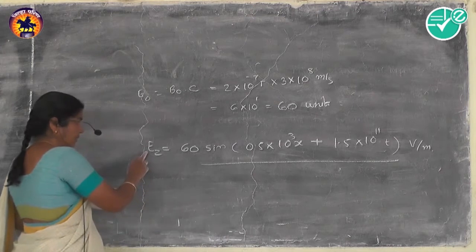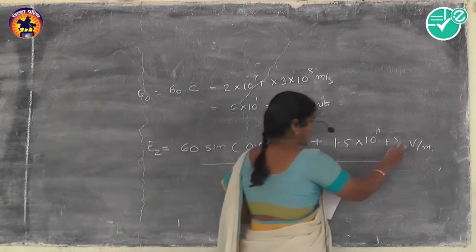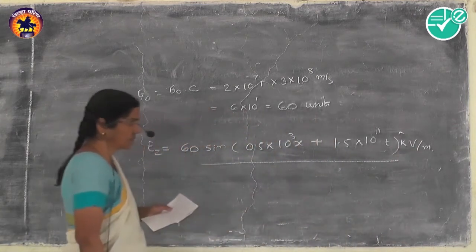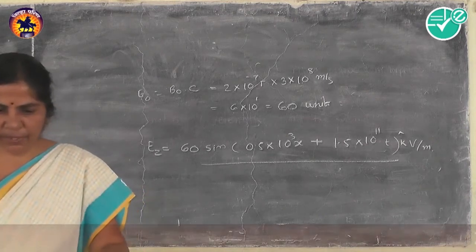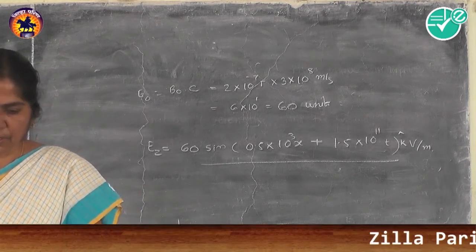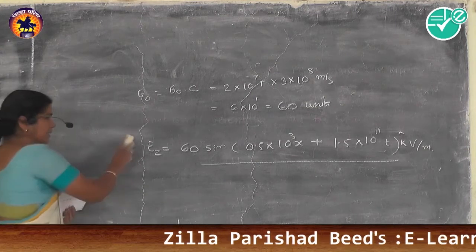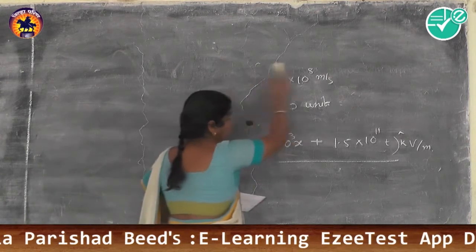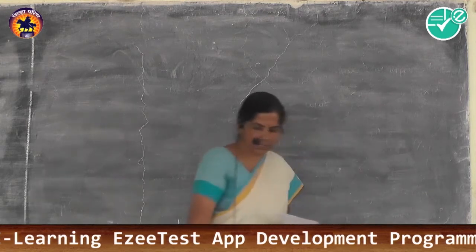Now this should be along z axis, and so we write a unit vector k, and then unit volt per meter. So such simple examples we consider in standard 11, and for details we may refer to different books. It is part of our interest.